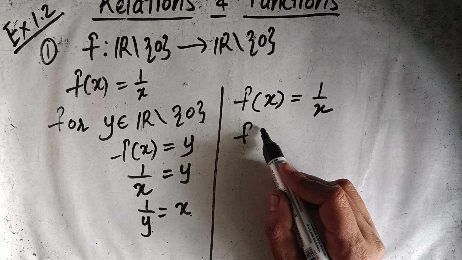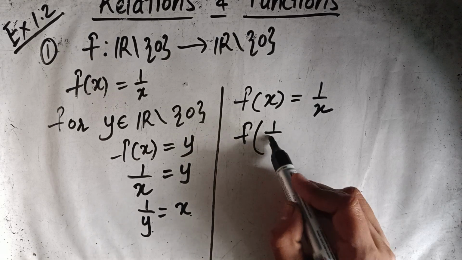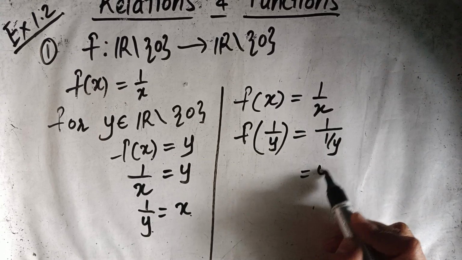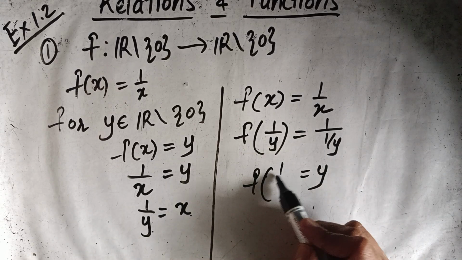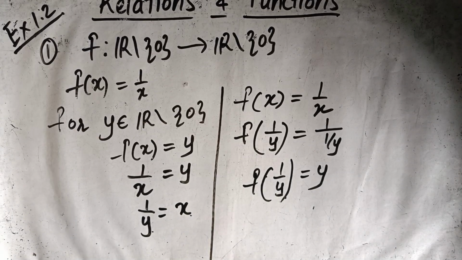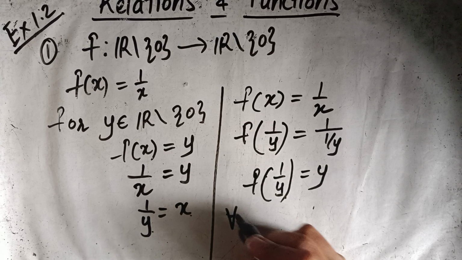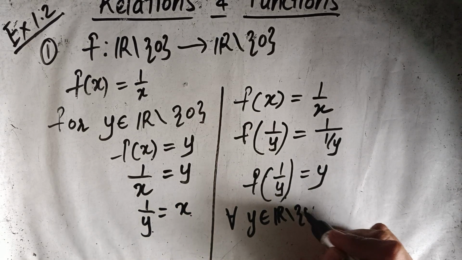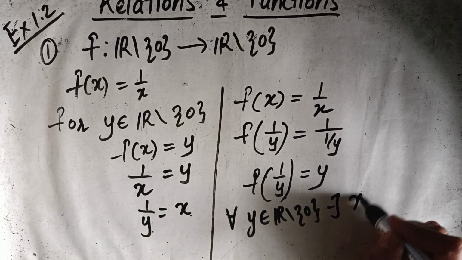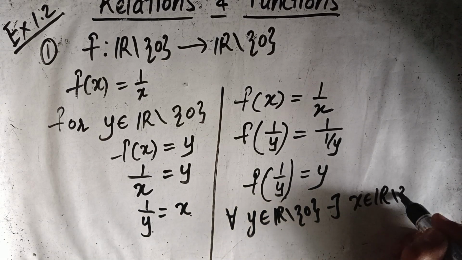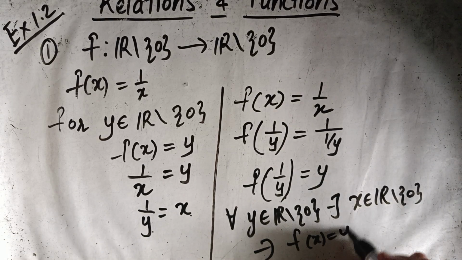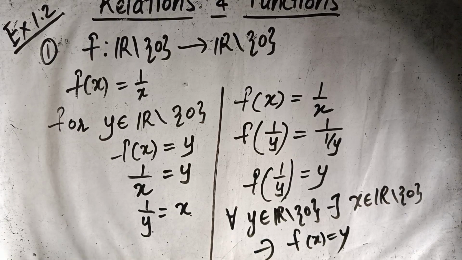So f of 1 upon y is 1 upon 1 upon y. So this is y. So we are getting it to be true. So for all y belonging to R minus 0, there exists x belonging to R minus 0 such that f of x is equal to y.